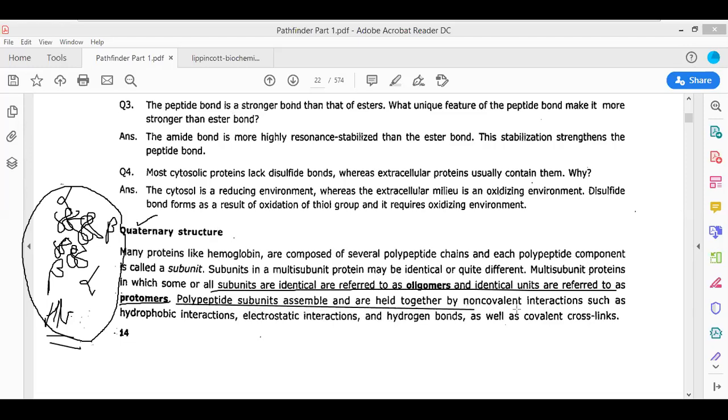Polypeptide subunits assemble by non-covalent interactions such as hydrophobic interaction, electrostatic interaction, and hydrogen bonding, as well as covalent cross-linkage. There are several different types of interactions that can take place. We cannot say which is the most predominant interaction.